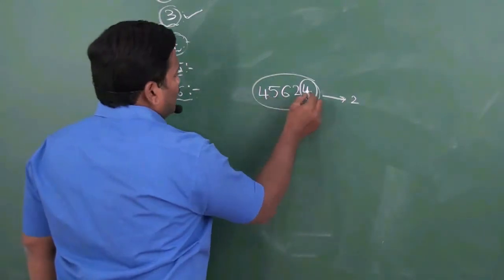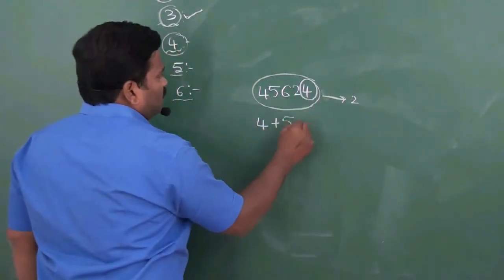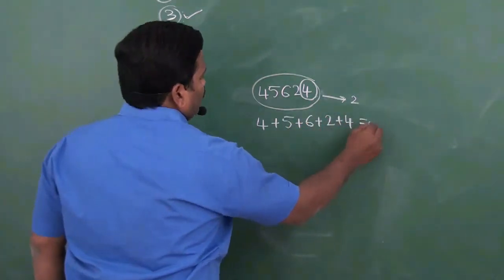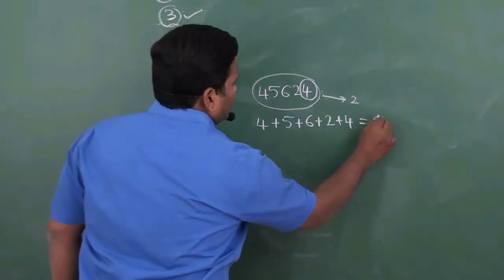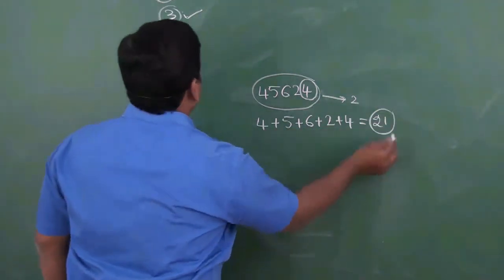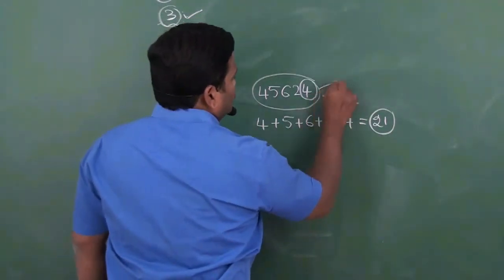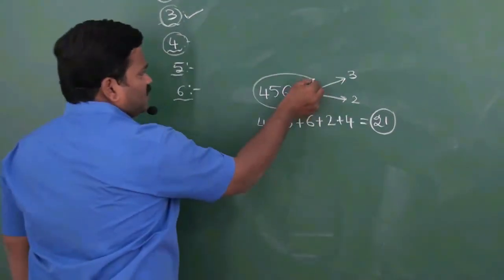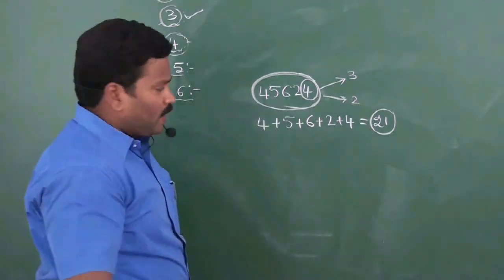If it is divisible by 3, the sum of the digits must be divisible by 3. 9, 15, 17, 21. Therefore, 21 is divisible by 3. Therefore, this number is divisible by both 2 and 3. Therefore, this entire number is divisible by 6.